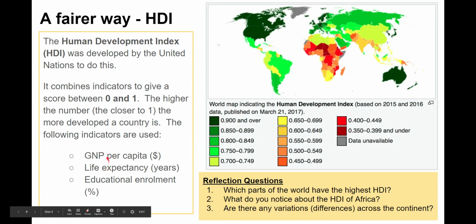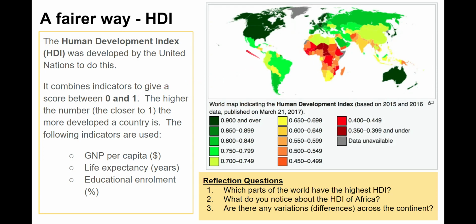So they take these 3 statistics, they put them through a clever algorithm or calculation, and that then gives us a number between 0 and 1. The higher the number, the closer the number is to 1, the more developed a country is.